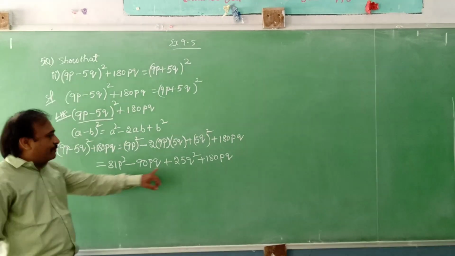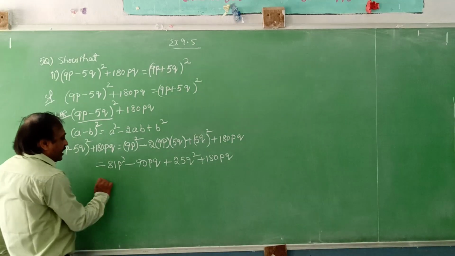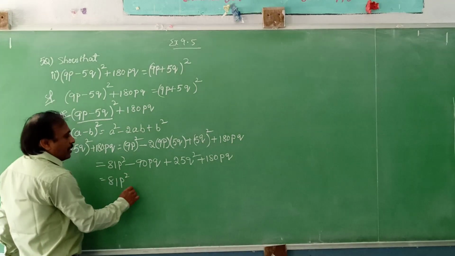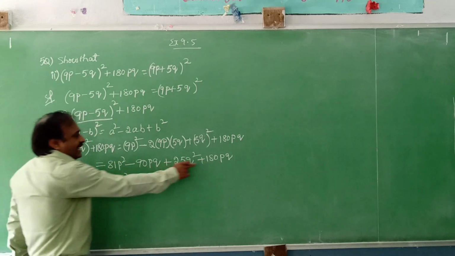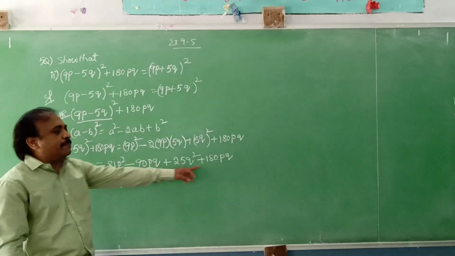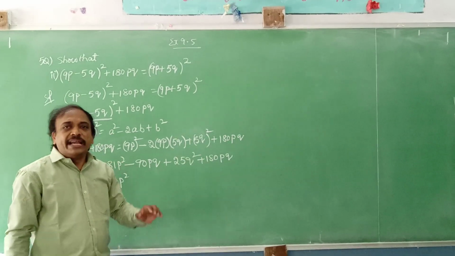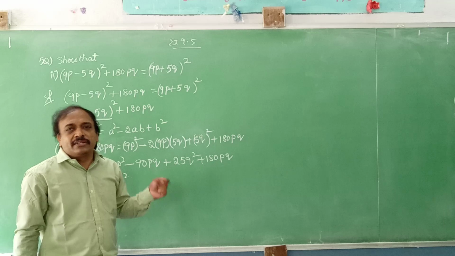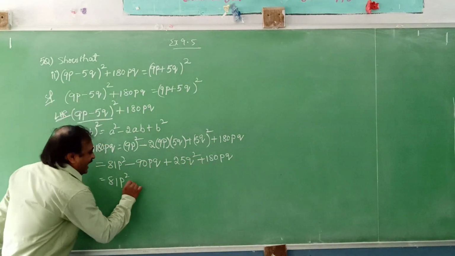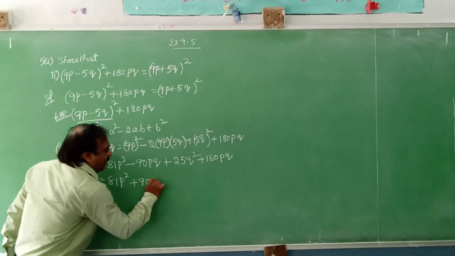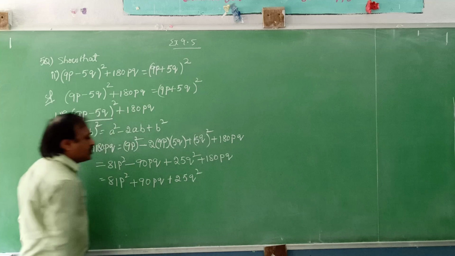Do you have any like terms anywhere? Yes, 81p square, and you see minus 90pq and plus 180pq. These two are like terms, one is minus, one is plus. For integer operation, ignore the signs, subtract, and keep the bigger number's sign. Minus 90 plus 180 is plus 90pq, plus 25q square.